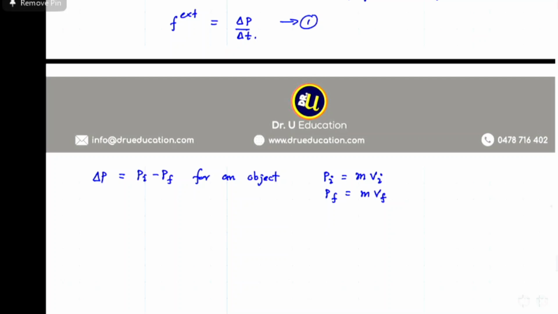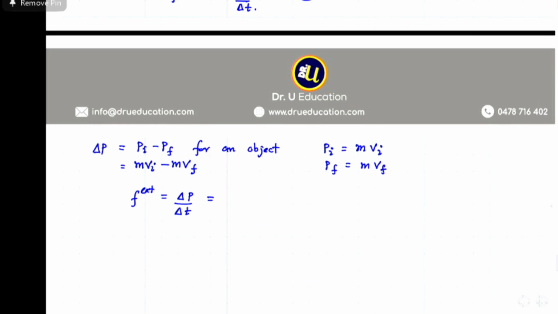So then I can write this one, M Vi minus M Vf. Easy? Yeah. So F external is equal to delta P divided by delta T. So I'm giving you all of these things so that when you have a question you can logically think. Delta P is MVi minus MVf. You just plug those values there.